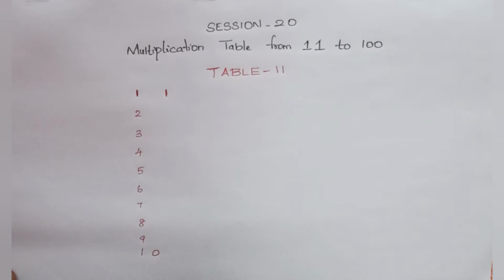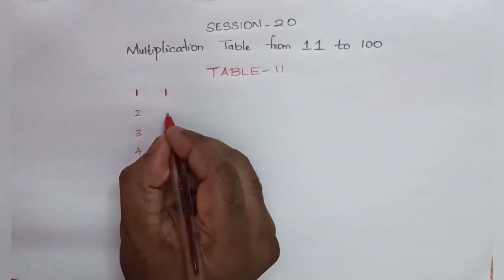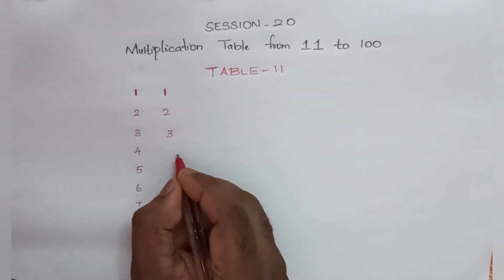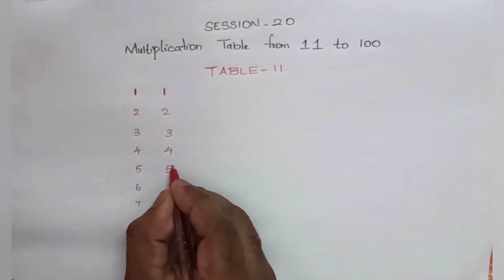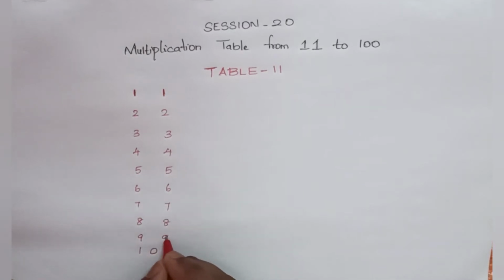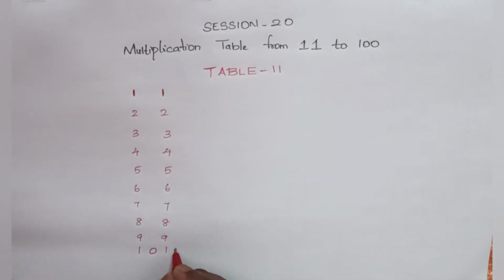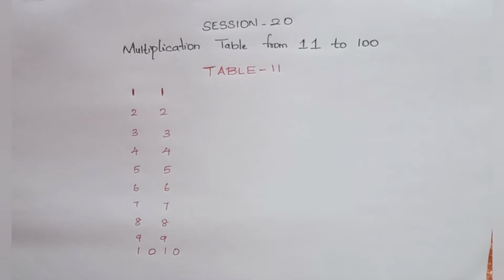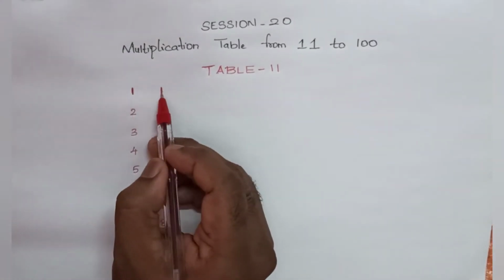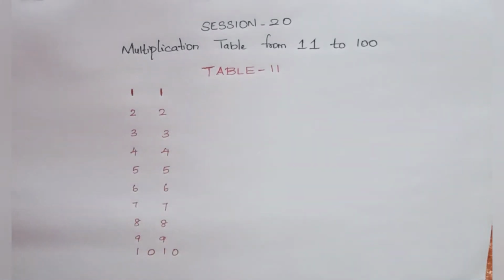Same way, this is also table 1: 2, 3, 4, 5, 6, 7, 8, 9, 10. So for table 11 you have to write two table 1s like this, in this order.